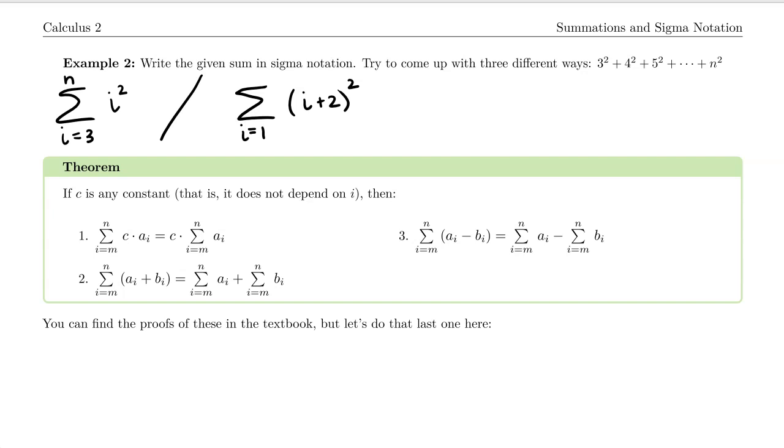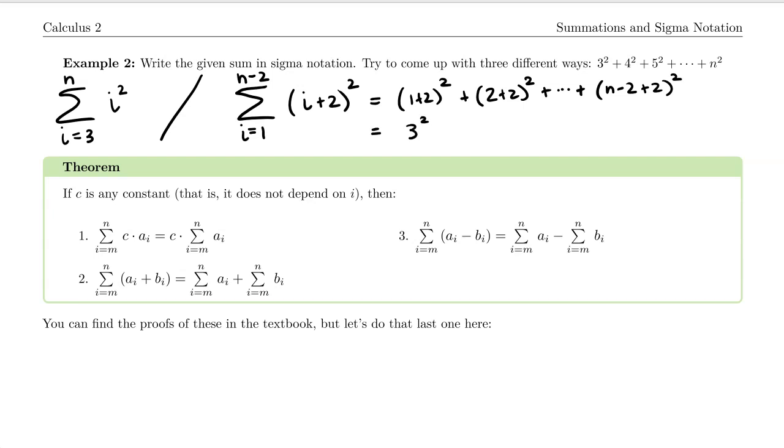Instead of at n, we would need to stop at n minus 2, because my last term, I would have 1 plus 2 squared plus 2 plus 2 squared plus ... And then my last term would be n minus 2 plus 2, quantity squared.